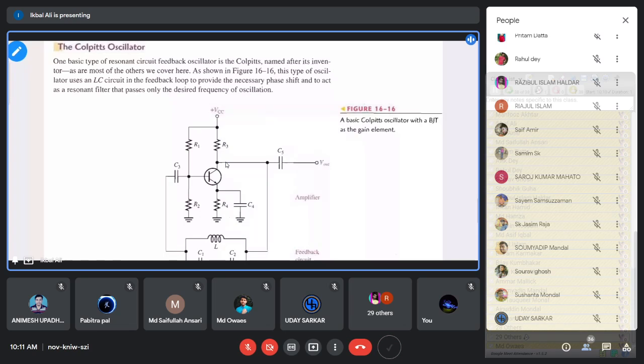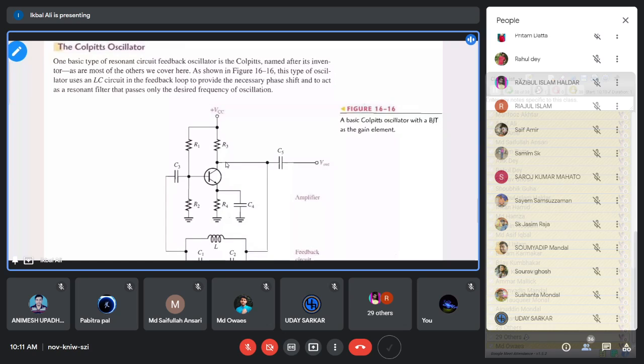To generate high frequency, you need to choose the right circuit elements. You know the basic passive circuit elements: the resistor, inductor, and capacitor. The inductor and capacitor values, and their size, you can make very small.